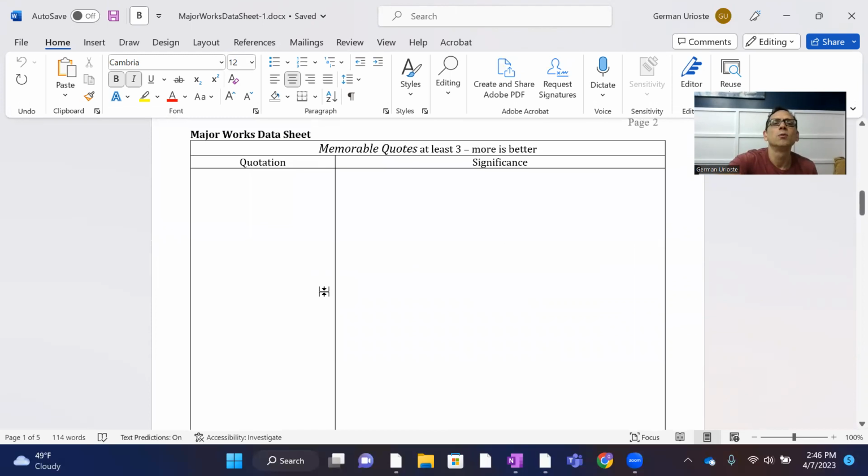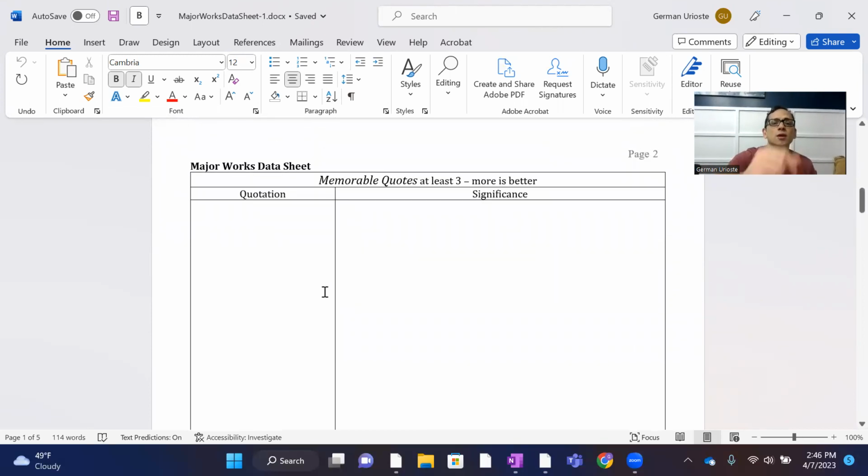Now, I would say that you pull out 3 memorable quotes, 3 at least, more if you can. Does that mean that you need to quote directly from the text in your essay? No, but pulling out significant quotes, right, does allow you to get to what's significant in a novel.